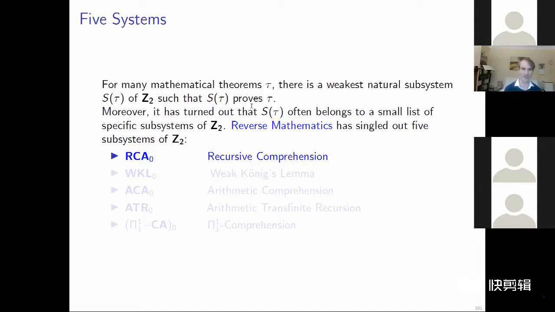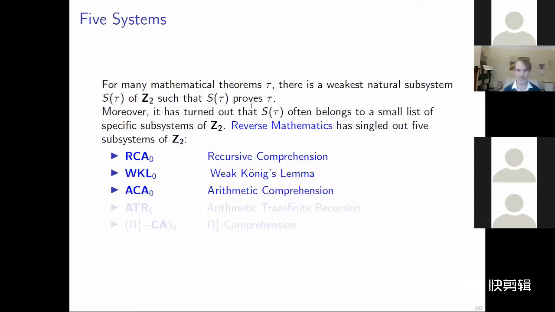So you collect all those numbers n satisfying Rn into a set where R is recursive. And a slightly stronger system is Weak Kőnig's lemma, which is nice for using compactness arguments.